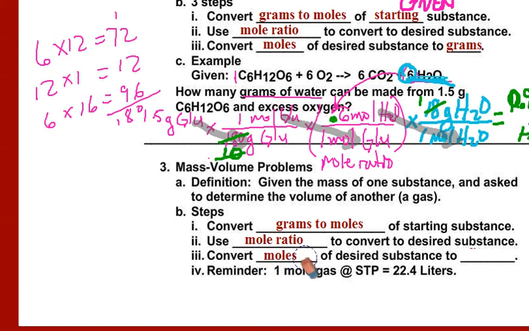And then we're going to convert our moles to liters of gas, remembering that 1 mole of gas is equal to 22.4 liters. And we'll see you guys on the next page for those calculations.